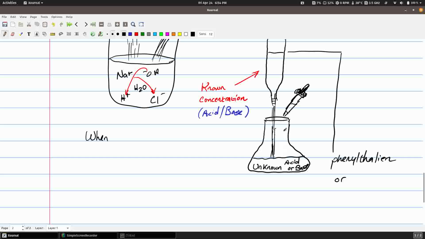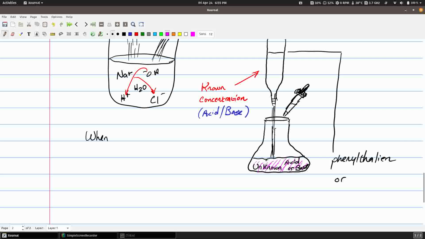But what happens is when the solution gets slightly more basic or acidic, it has a color change. I know for sure, because usually you're going to titrate the base into the acid in most experiments I've seen, so they use phenolphthalein for that. As soon as there's just a little bit of hydroxide in there, the solution will turn pink.